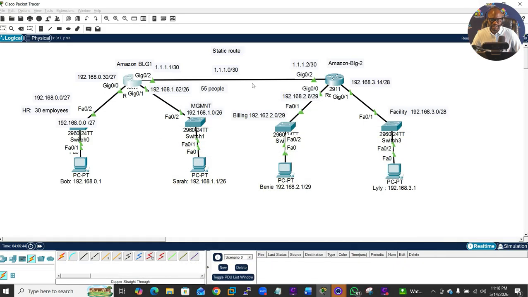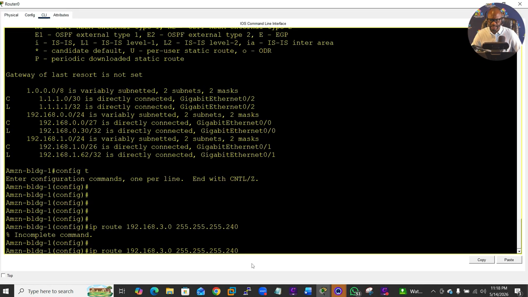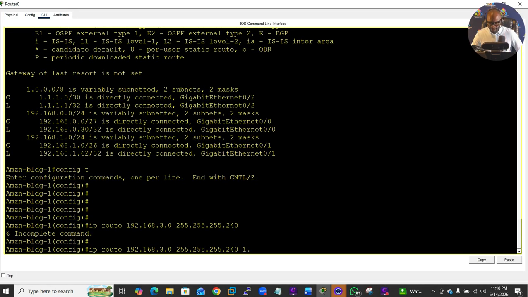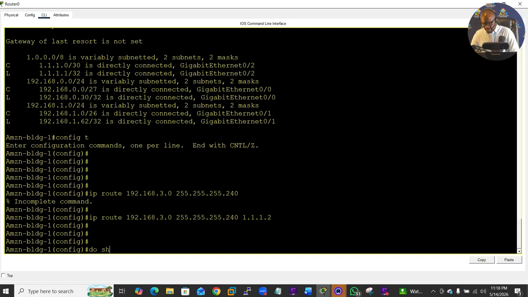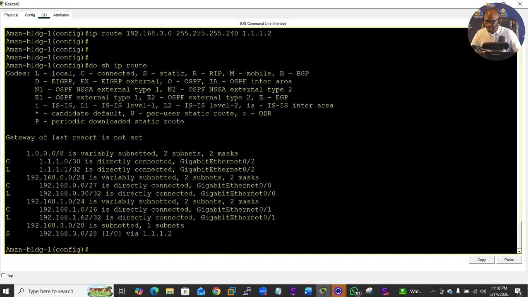Next hop IP means the next stop or the next router's IP address. Oh, we know that building 2's IP address is 1.1.1.2. So we need to add the next hop IP 1.1.1.2. Enter.